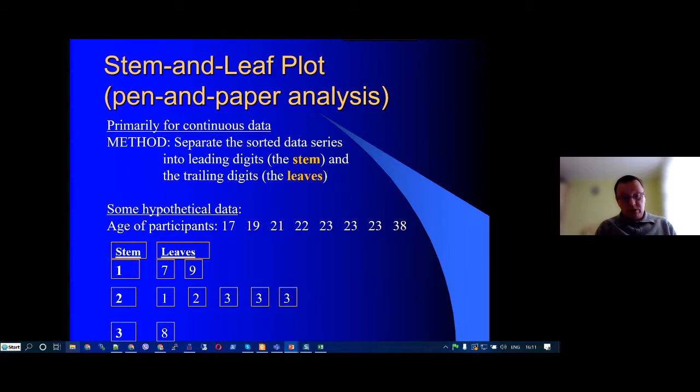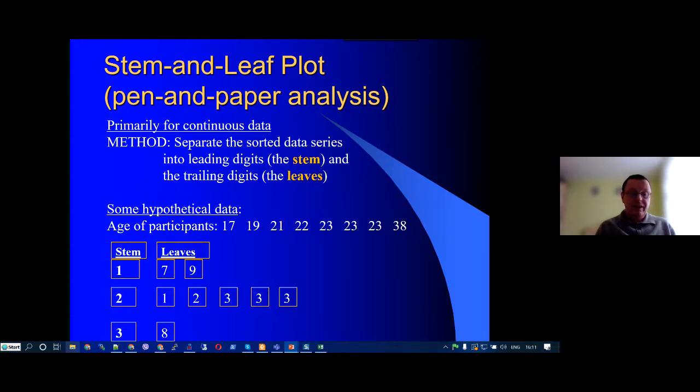If we turn to continuous variables, for the first time I will introduce chart types that maybe you will never meet, like the stem and leaf plot, which is a relatively old way to perform pen and paper analysis. It is useful, but only for relatively small data sets.